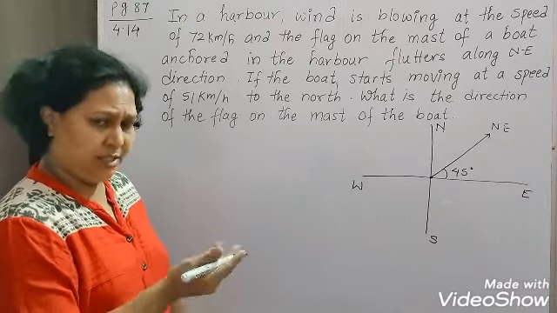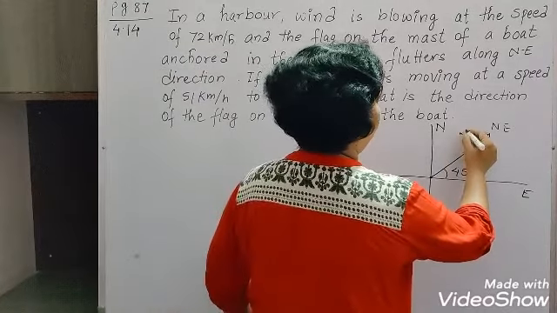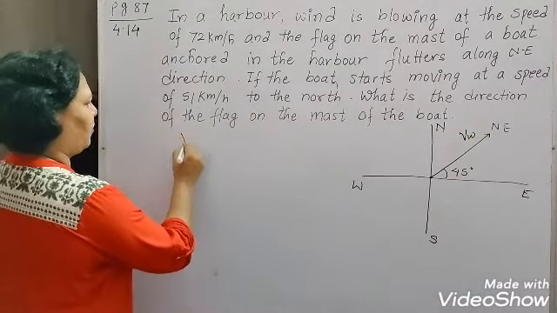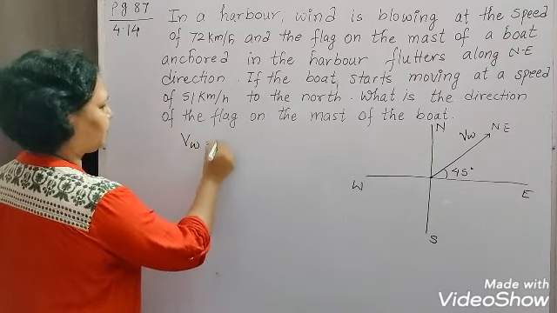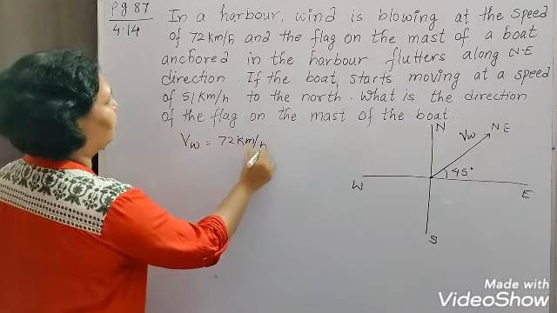Okay, that means simply the wind is blowing in this direction, so we can write this as VW. VW is the speed of the wind, and it is given as 72 km per hour.